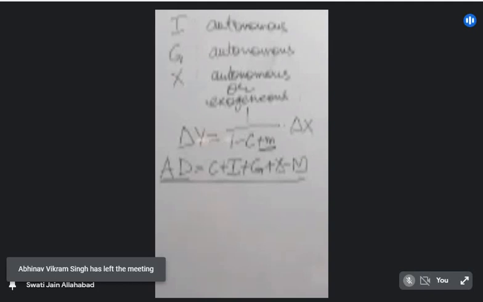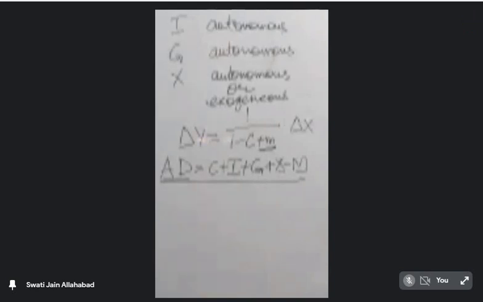So now the question is, on what factor will the export of any country depend? Anyone other than Nazneen? Nazneen, wait for some time. What do you think, export of a country depends on which variables? Ma'am, price level. Price level you are saying?